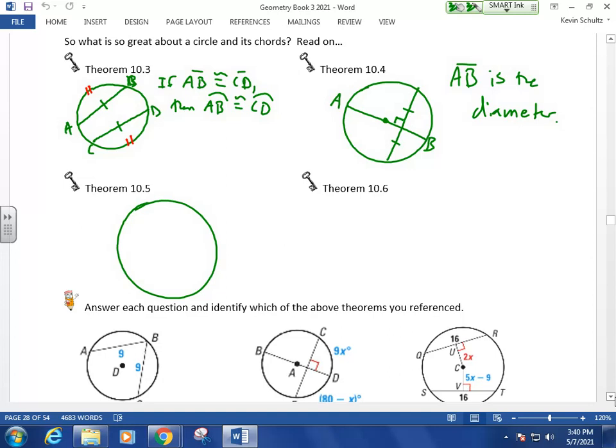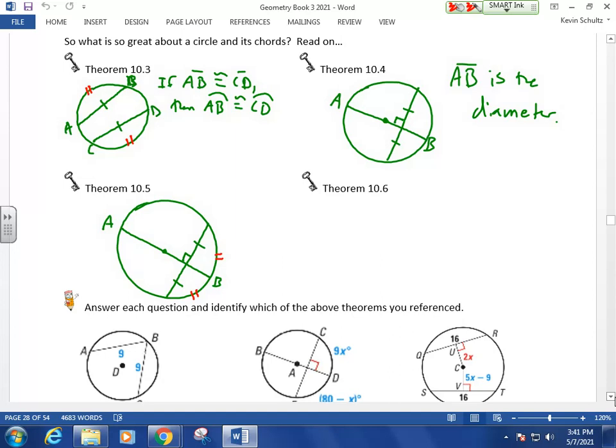Then 10.5 says if you know you have a diameter, so we'll use AB again here, and it bisects another chord, then it does so at a 90-degree angle, and these two arcs are going to be congruent.